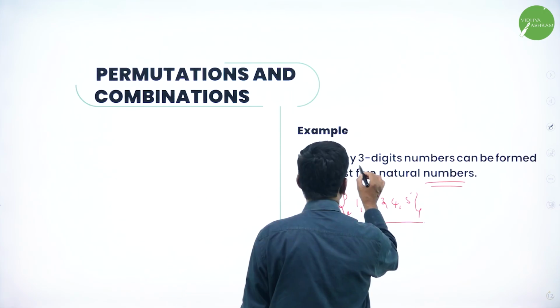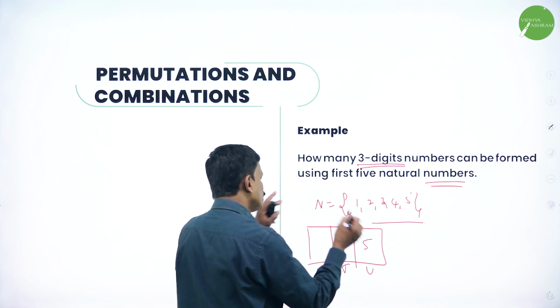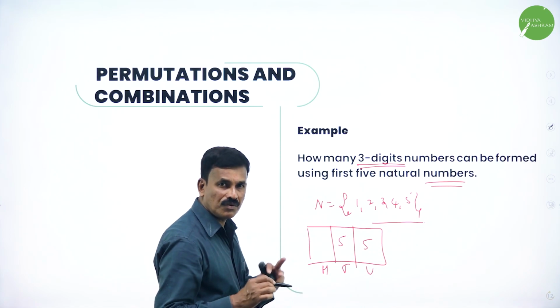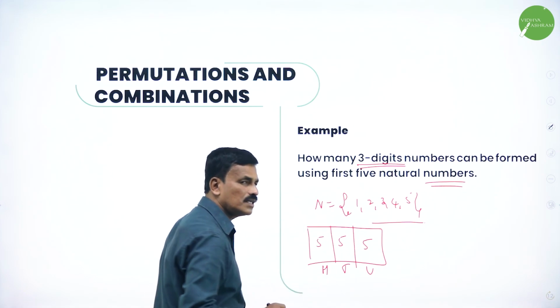To form 3 digit numbers, the unit place can be filled in 5 ways, similarly the 10th place can be filled in 5 ways, and the 100th place can also be filled in 5 ways.